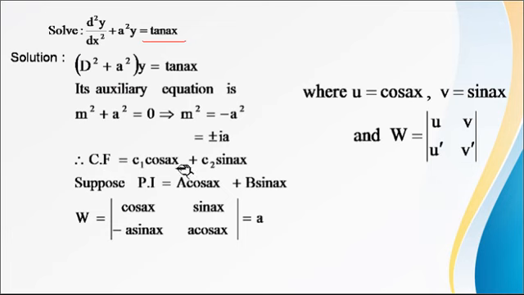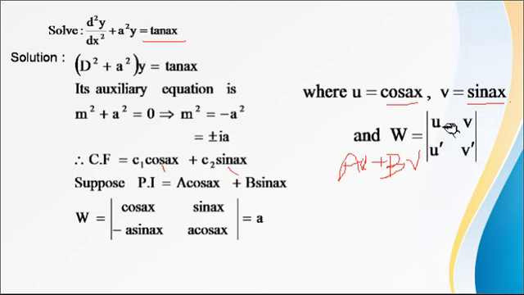Now we are assuming this is u and this is v. So directly we are assuming PI equal to a u plus b v. So u value is cos ax, v value is sin ax. Substitute in this a cos ax plus b sin ax. Then find w. W equal to 2 by 2 determinant of u, v, u dash, v dash.